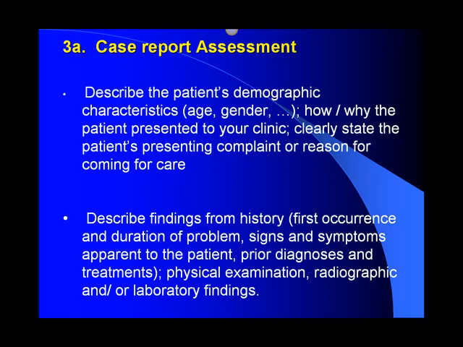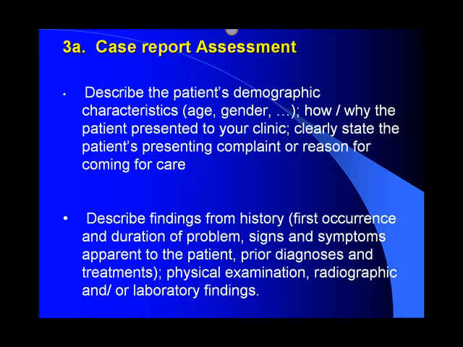You also want to explain how or why the patient presented to your clinic, how they were referred, for example. Clearly state the patient's presenting complaint or reason for coming in for care. Did they come on referral for taking care of a specific health condition, or did they present for overall health and wellness enhancement?